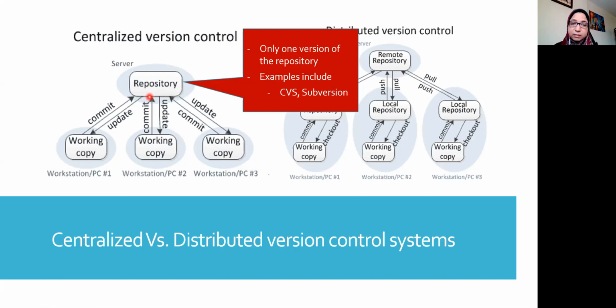Anyone who wants to make updates commits them to that centralized repository. Anyone who wants to see the updates of others will update their own working copy from the central repository. Examples like CVS and Subversion are centralized version control.